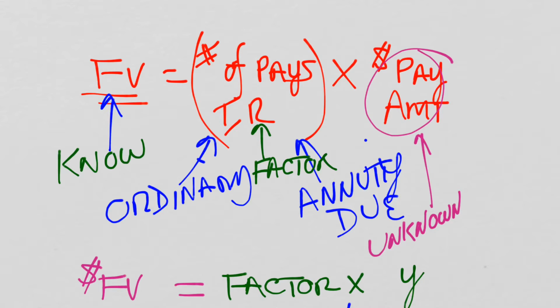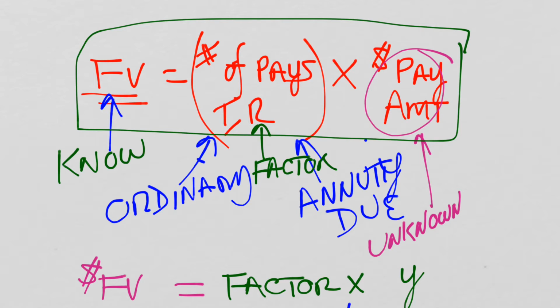How can we solve for any of the other issues in this equation? And I do mean any of the other issues in this equation. Using the tables, we could solve for the number of pays, we could solve for the interest rate, the pay amount, or the future value, or if it's a present value problem, same way we can solve for any of the issues just by using a little algebraic ingenuity.